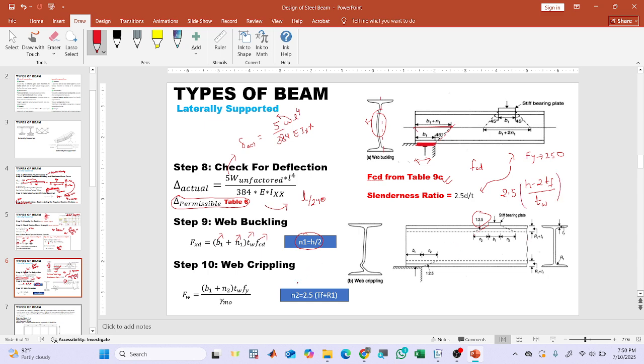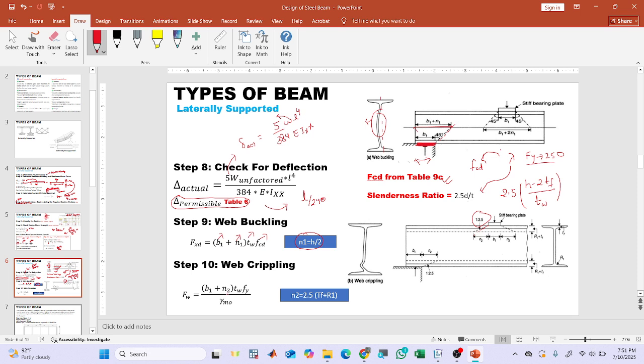After that we can calculate this value. From table 9C, for the slenderness ratio and Fy, we can calculate the value of Fcd. We already did that in compression members.